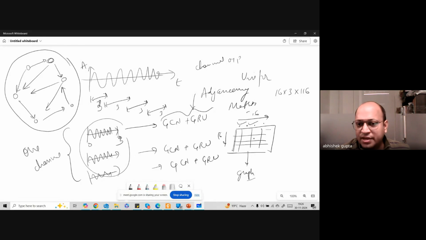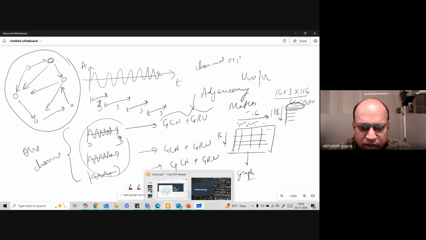So this will be the stack of slices, one, second, third, fourth, fifth, up to 116. This is the output from GCN plus GRU: spatio-temporal features stacked over 116 matrices.